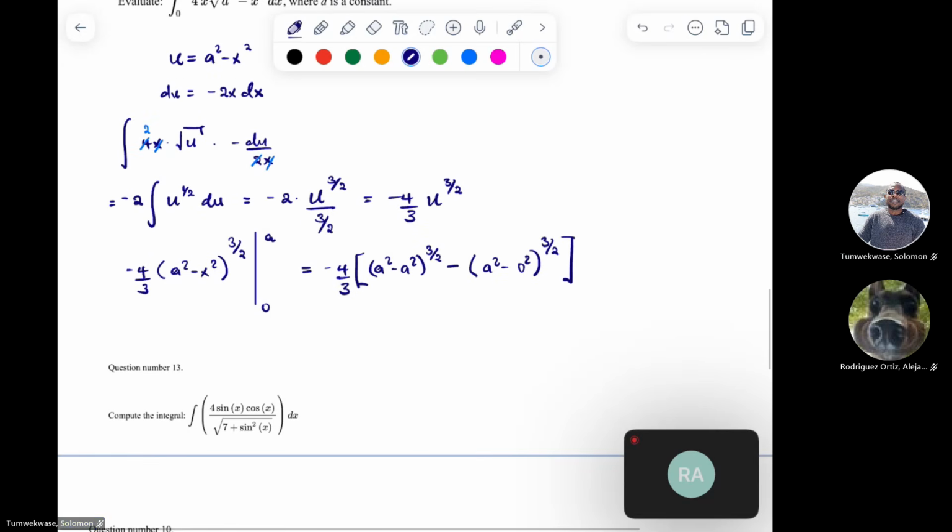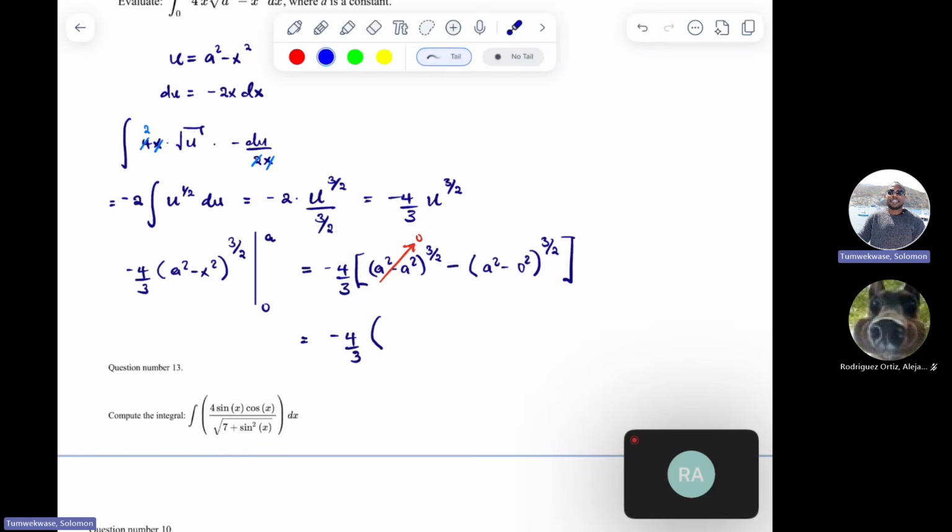Okay? A squared minus a squared, that is 0. The whole of that guy becomes 0. So we have negative 4 over 3 into 0 minus, so this guy is also 0. This guy becomes 0, so it goes away.